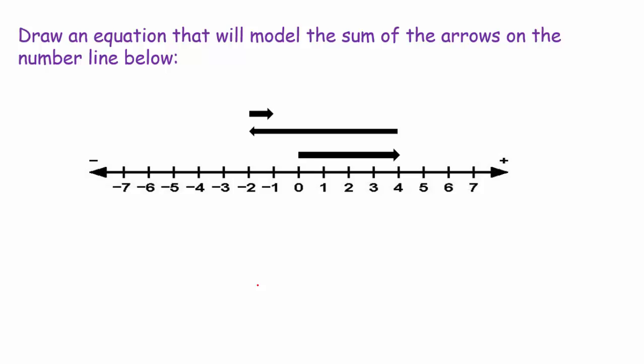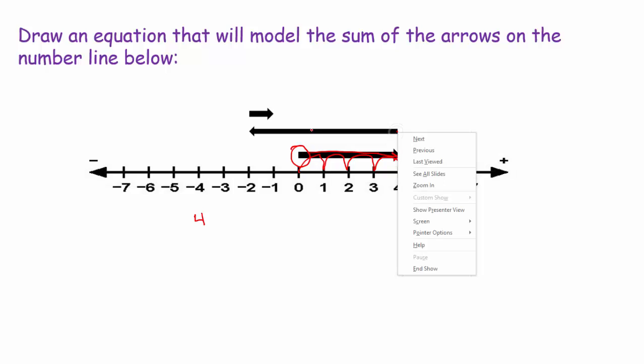Hopefully you paused the video. Now we're going to check to see if you're correct. Notice this first arrow right here is starting on 0. That's my starting point. I'm going to the right, which means it's a positive number. Notice I'm going 1, 2, 3, 4. 4 to the right is a +4. So I'm going to write a 4. Then I start my next vector where that one left off.